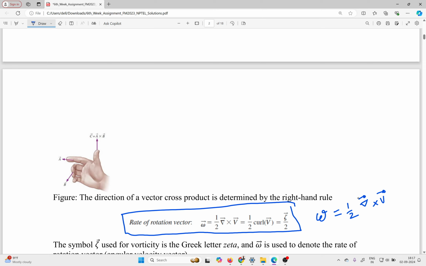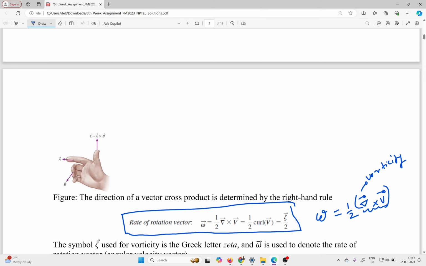Whatever the curl part is, this is known as vorticity.